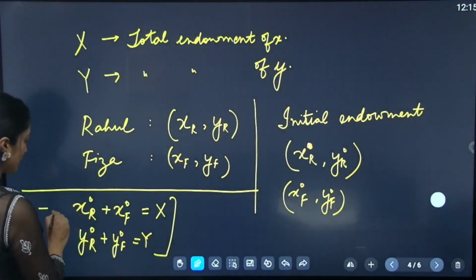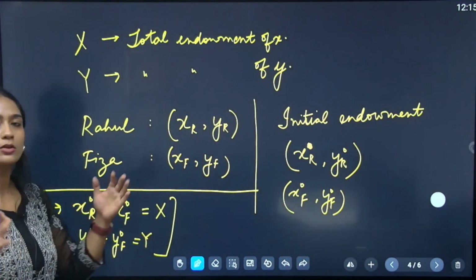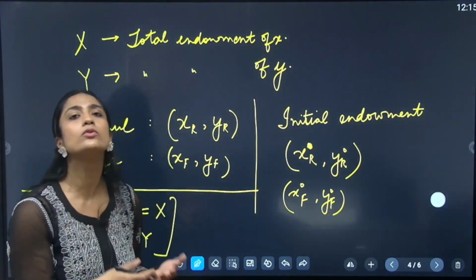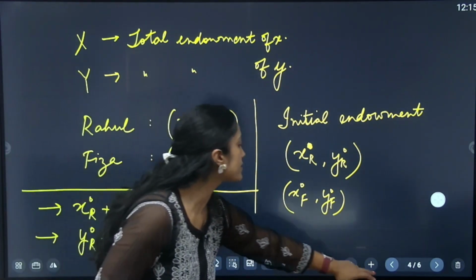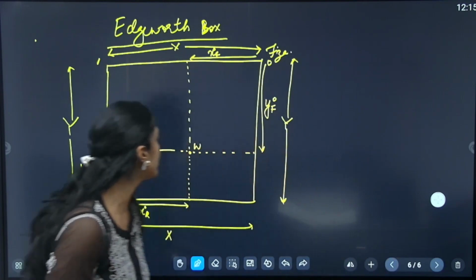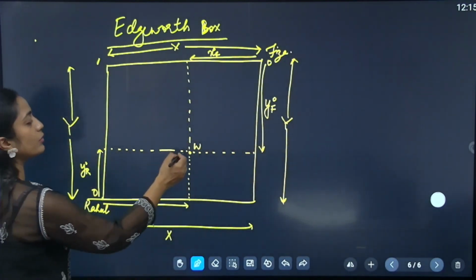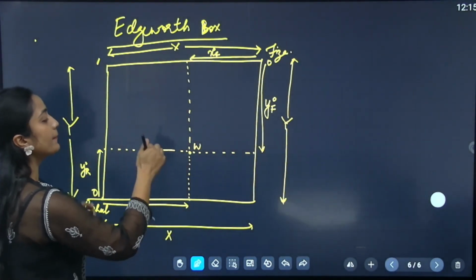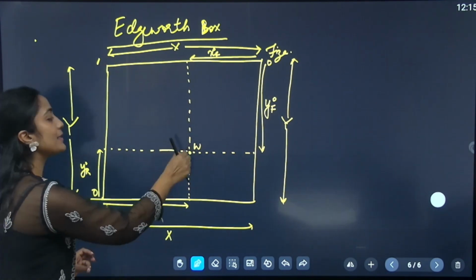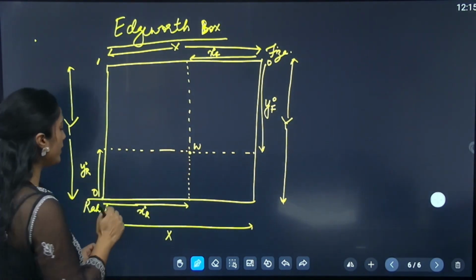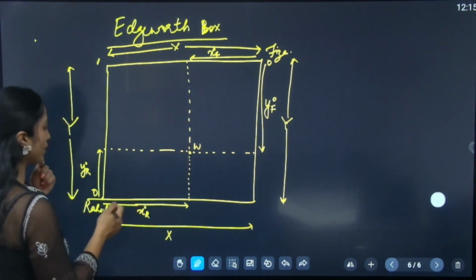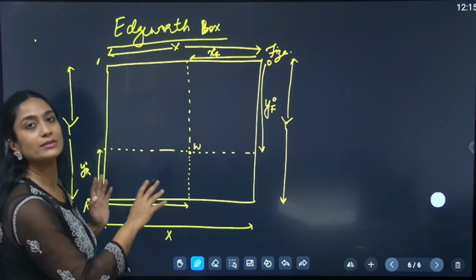Because these are the only two people in the economy, the total that they have is obviously equal to the total that is available. Using this very thing, the Edgeworth box is able to map both these bundles by a single point. All right, so I hope that the reading of the Edgeworth box is clear.